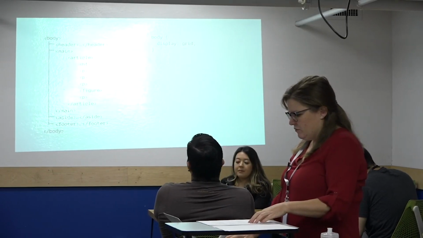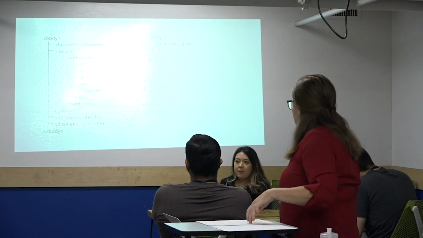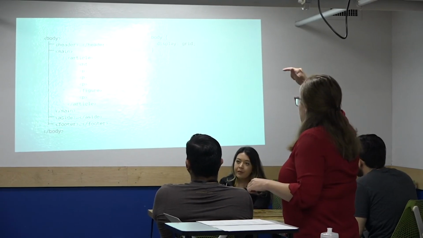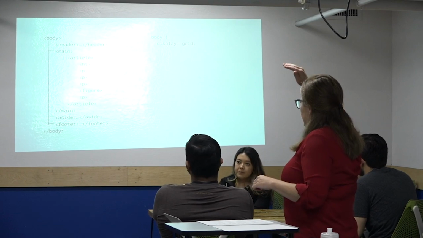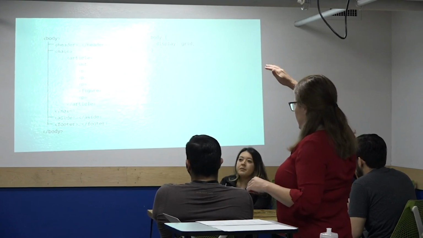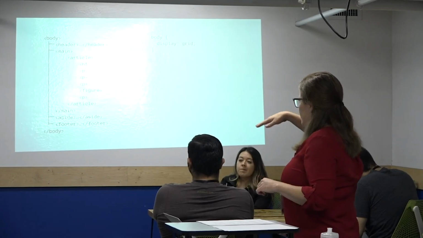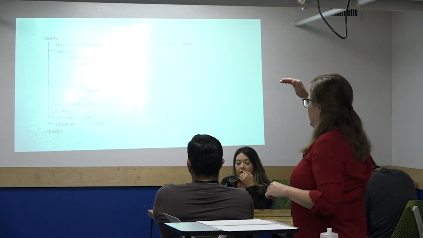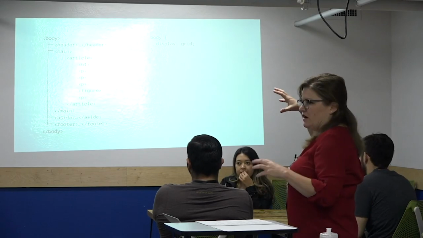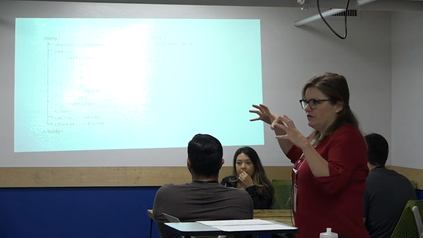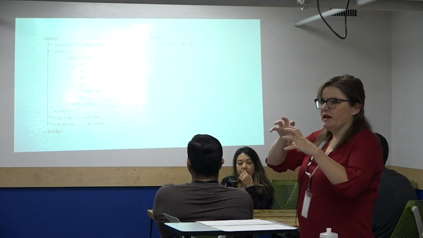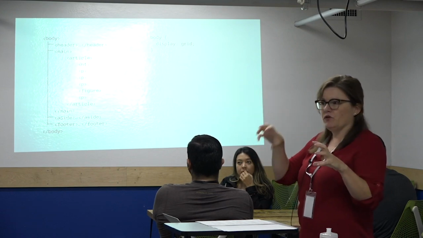In this code example, you can see we've got a body element. If we put a grid on that body element, then the header, the main, and underneath an aside and a footer would all become direct children, and so they would be items now available to you to place on the grid.